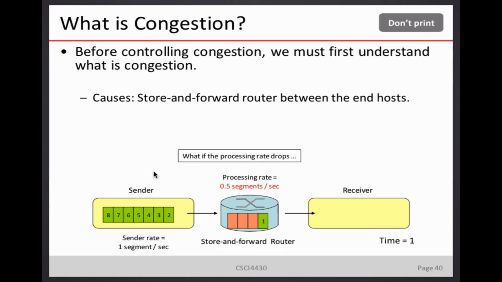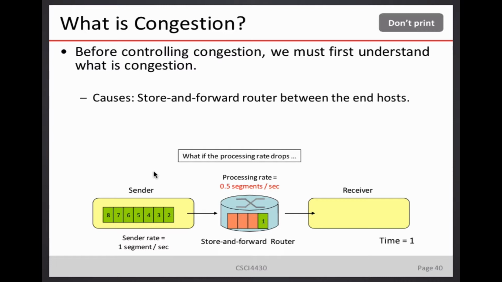If the buffer is big enough, no problem. Let's say we have 20 terabytes of memory, then no problem. I can always hold every packet in the router and let it process slowly but surely, and then deliver to the receiver side. Now, what will happen if I have a limited buffer, but the rate is halved?